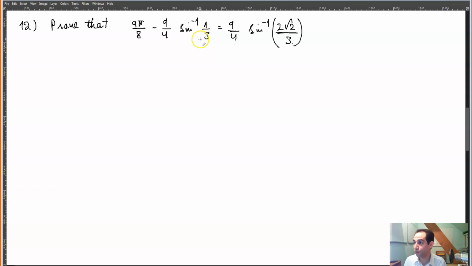Okay, so I guess we could use the formulas that we have in some way.